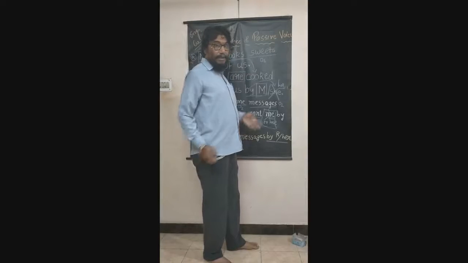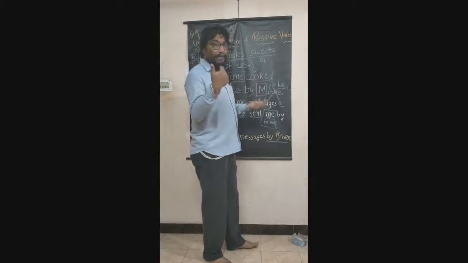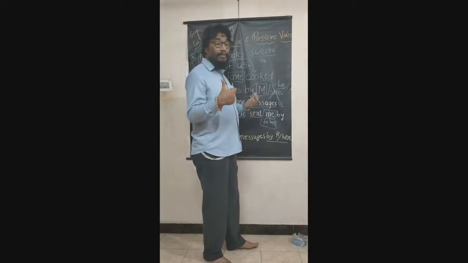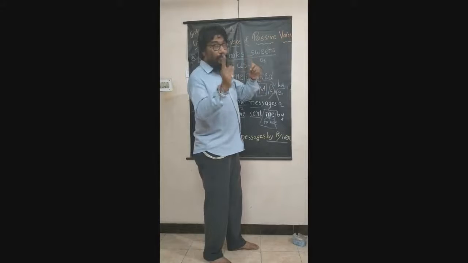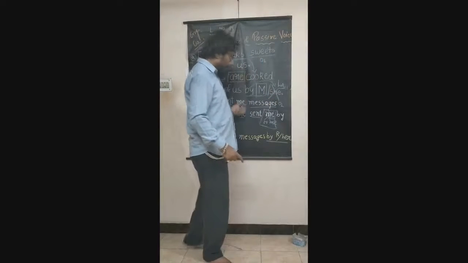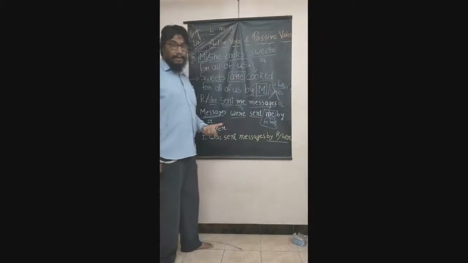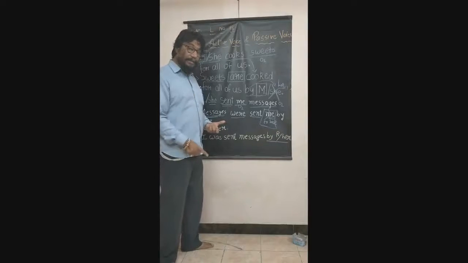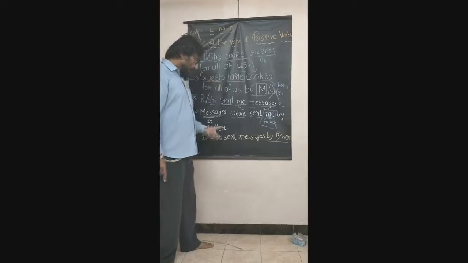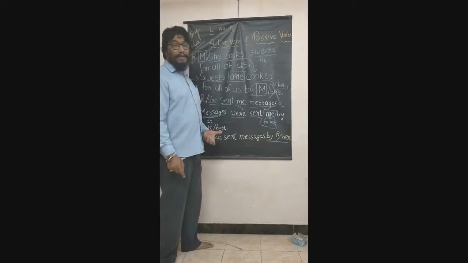In this way, the modifications we have to make from subjective case to nominative case, nominative case to objective case, objective case to nominative case, I have explained here with the examples. One more thing, you will keep it in your mind. This is the best way to understand what double passive is.